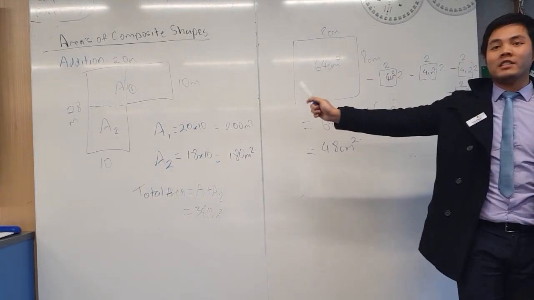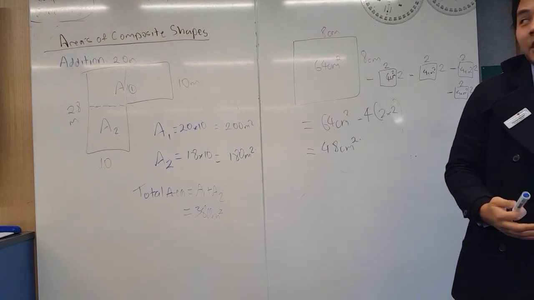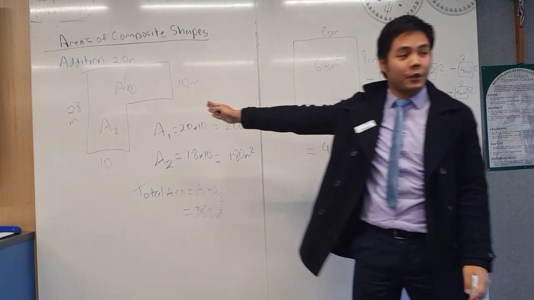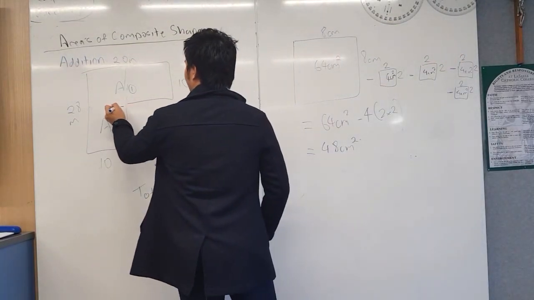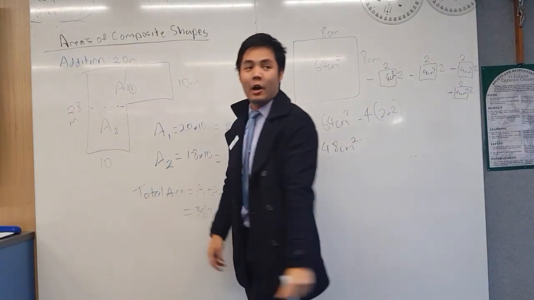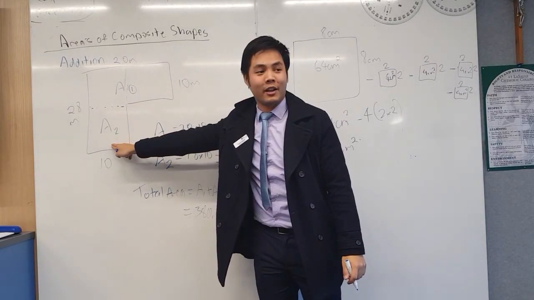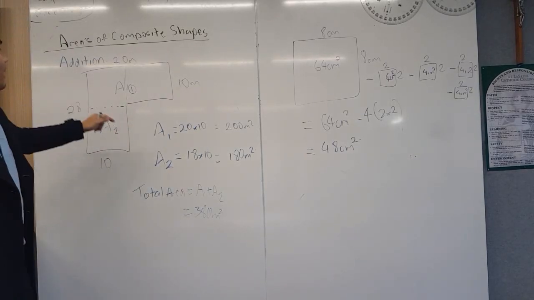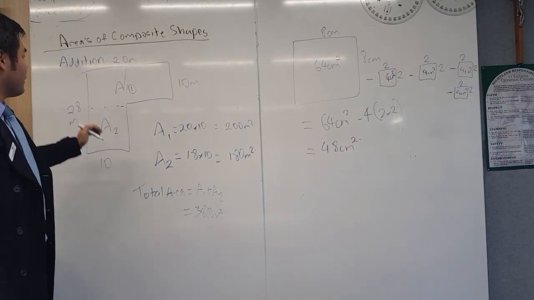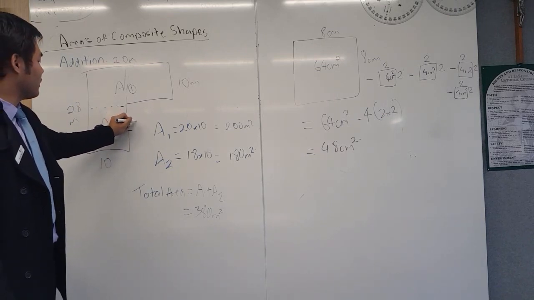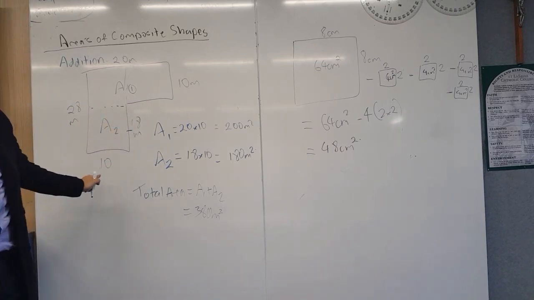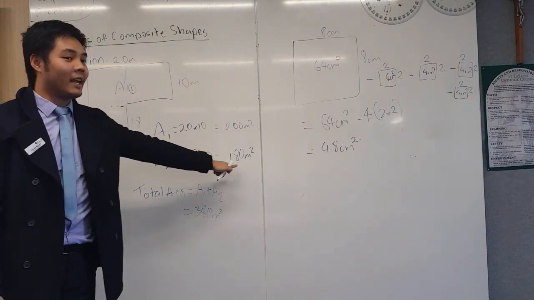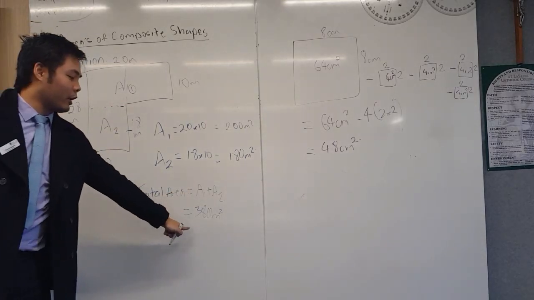The first thing we do, we need to divide it up into different shapes that are easy to manage. That's what the shape looks like at first. I just put in a line here to separate it. Now that's area 1 and that's area 2 down there. So this side here is equal to 28. 28 minus 10 is equal to 18 meters. So that's 20 times 10, 200, and then 10 times 18, which is 180. If I add them together, I get total area, which is 280 meters squared.